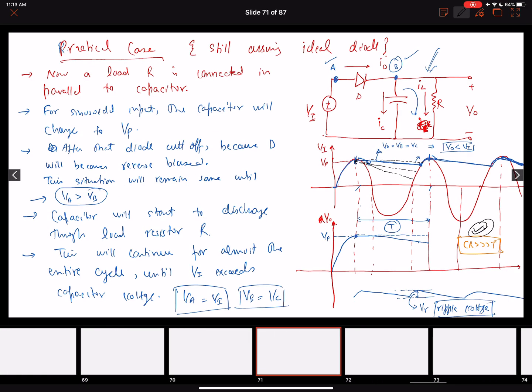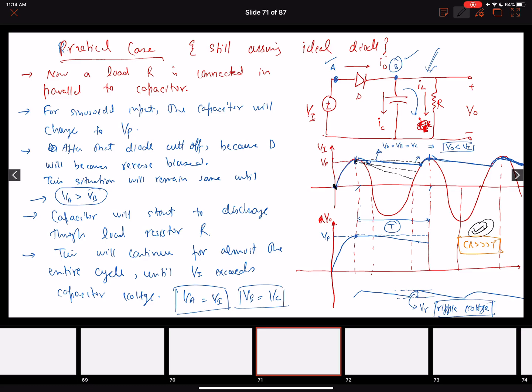In a real-time scenario, we saw that our circuit is going to look something like this, where we are going to have a resistor or a load connected after the capacitor. When we look at that, we realize that as our input voltage is increasing, the capacitor will start to charge.